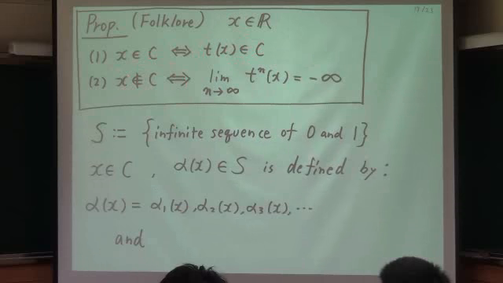And if x is not in the Cantor middle subset, then it goes to minus infinity as n goes to infinity, by repeated application of T. So today we are interested in x that is in the Cantor set.